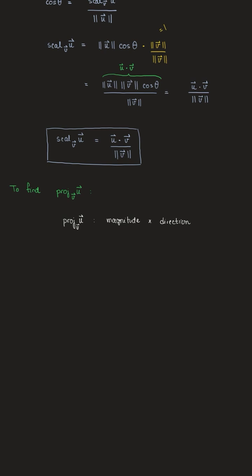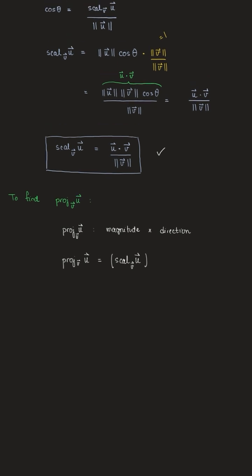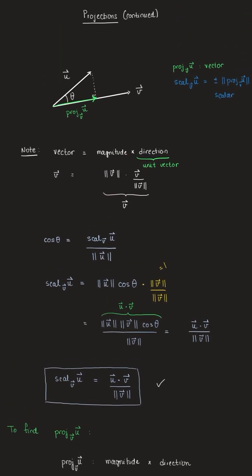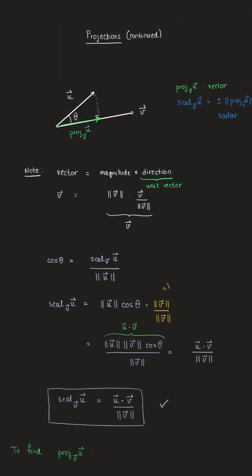So the magnitude of our projection, well, we have an expression for that. That's the scalar component, right? That's the scalar projection, which is the magnitude of the vector projection. So we can replace the magnitude of this vector with the scalar projection of u onto v. And the direction of the vector projection, well, remember that we're looking for the component of u that's in the direction of v.